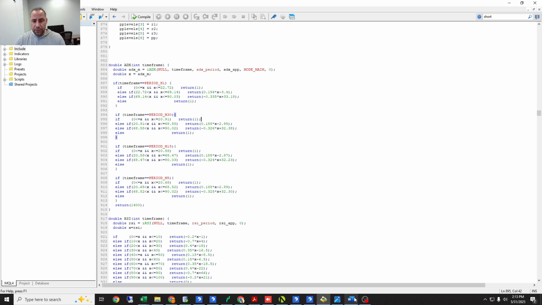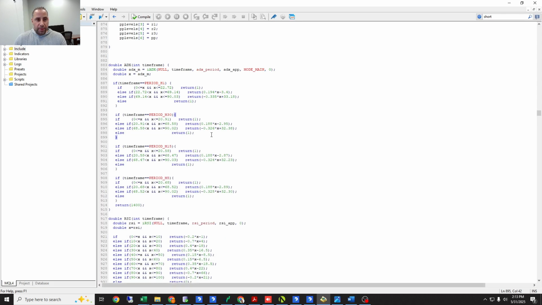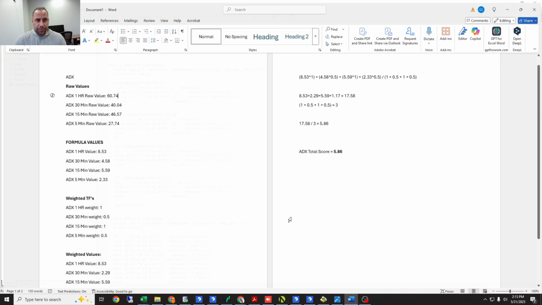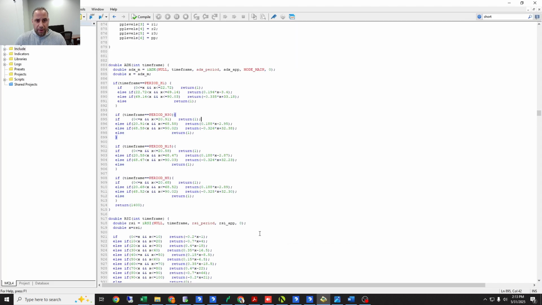and calculate the formula score. Each of the time frames has a slightly different formula, so we'll concentrate on the 1 hour right now. For the 1 hour formula, the raw value is 60.74, and that's going to fall between 22.72 and 69.14.